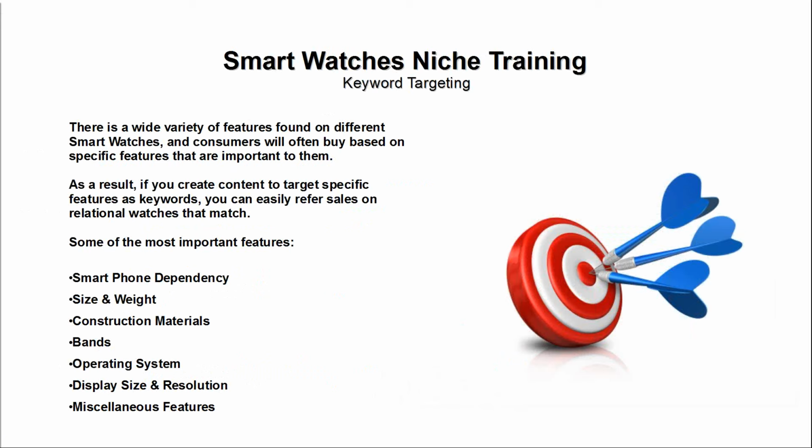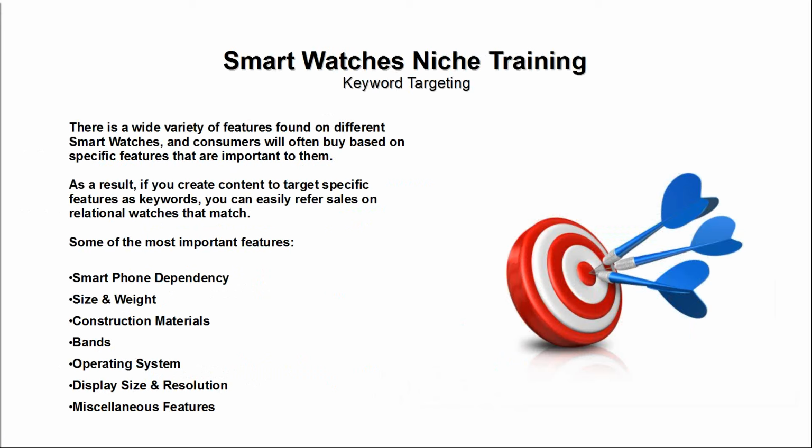Now, some of these features that I consider to be the most important, and a lot of consumers would also consider to be most important, are things like dependency on having a smartphone, the size and the weight of the smartwatch, the materials used in its construction, the type of bands that are available for it, the operating system that it runs on, and the size and resolution of the display screen.